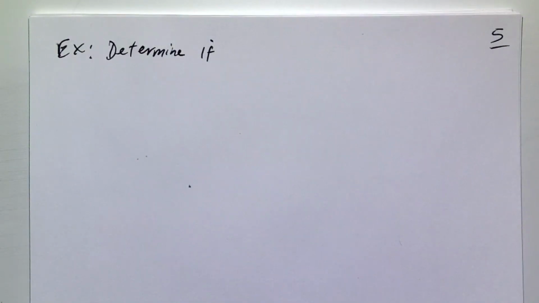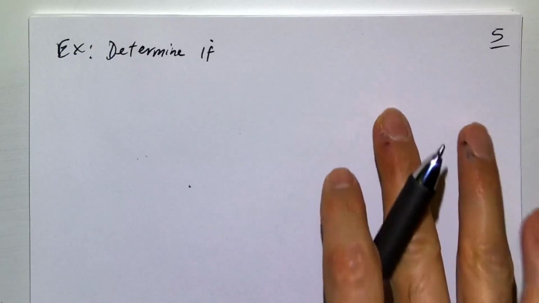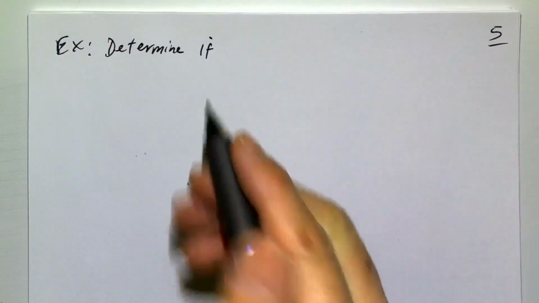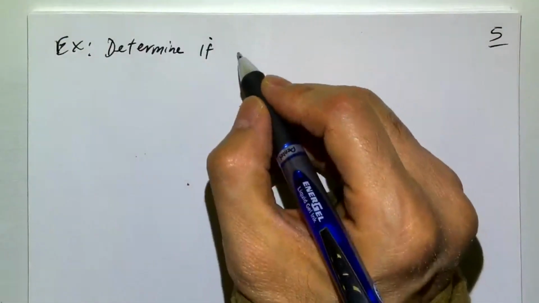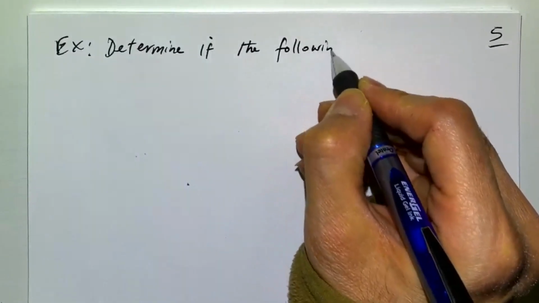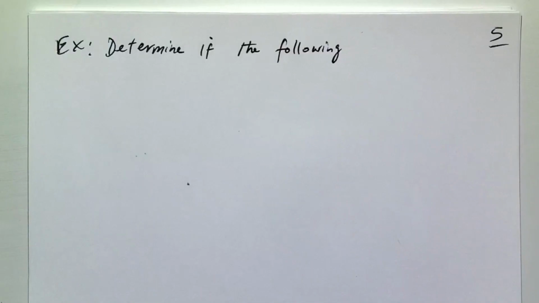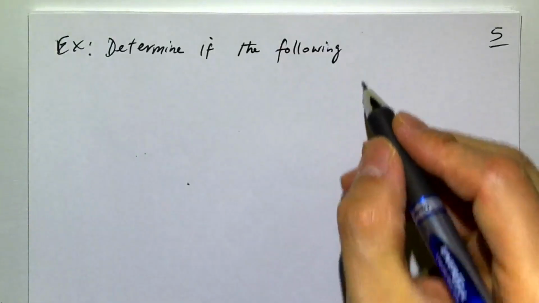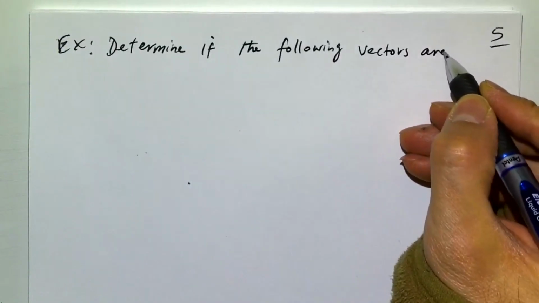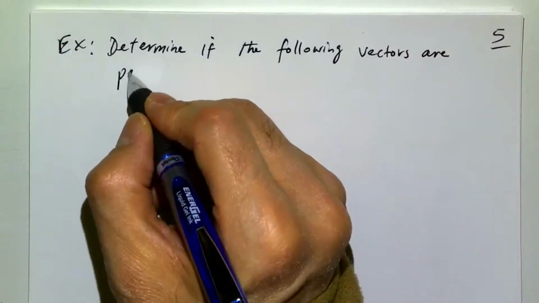Remember, if the dot product of two vectors is equal to 0, then that means that the two vectors are perpendicular to each other. All right, so determine if the following vectors are perpendicular.